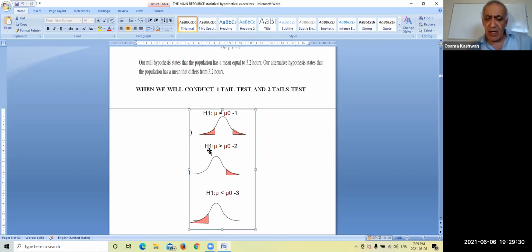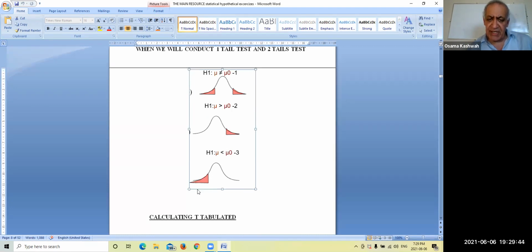If H1 says mu is greater than mu 0, then greater will check the right part, and less will check the left part. I will sum it up on the board in front of you.